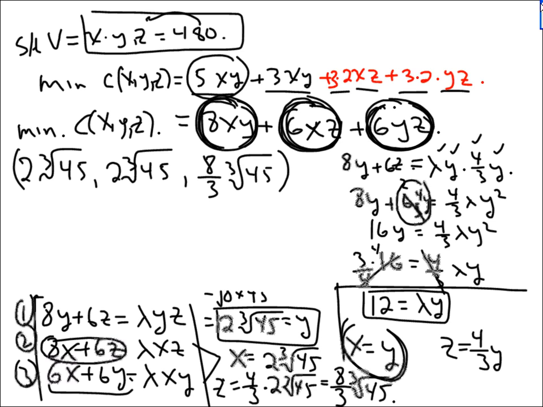In fact, since x and y are the same, this kind of becomes 8x squared plus 12xz. Y is x. X times x is x squared. So that would be simpler to compute. You'd only have to square x and multiply x and z. You wouldn't have to multiply x and y and x and z and y and z.